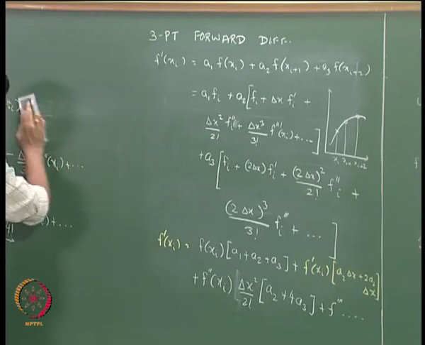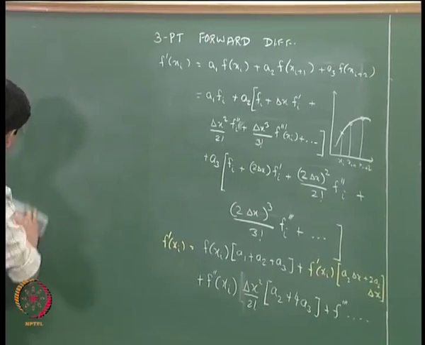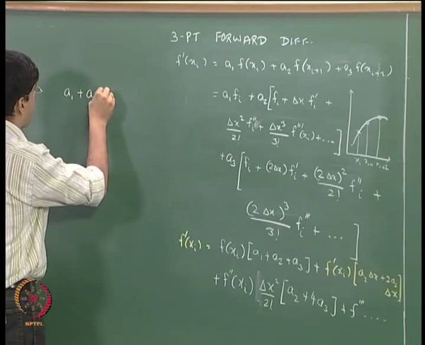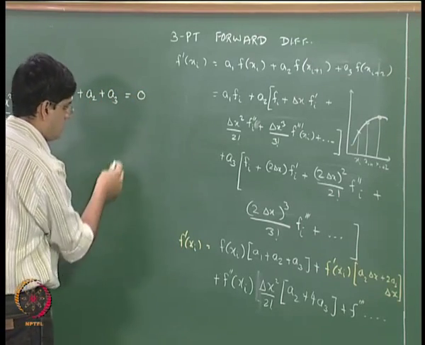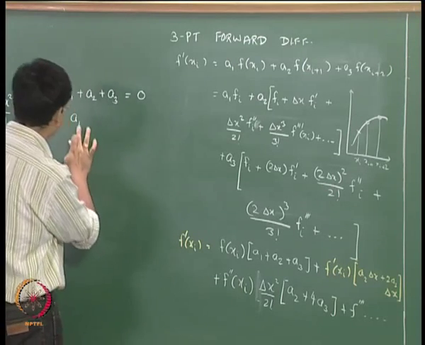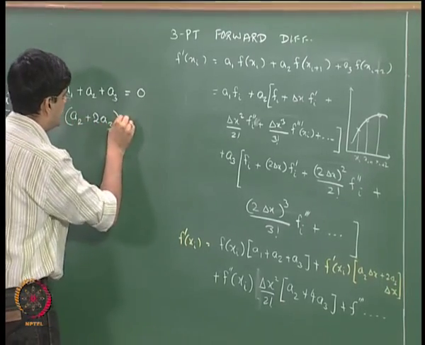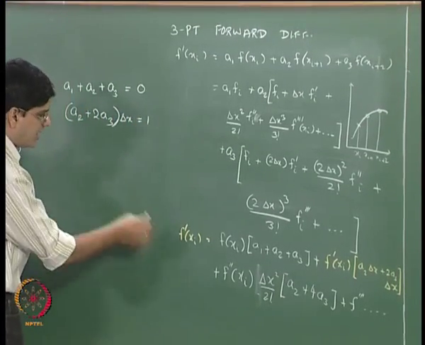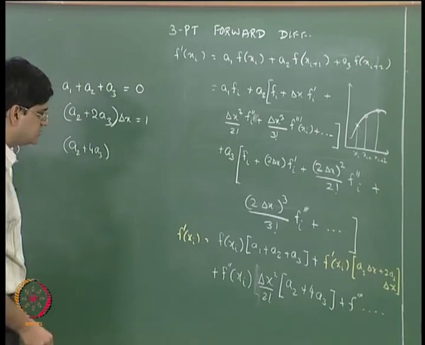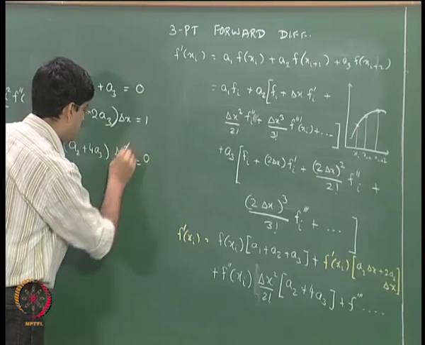So I will write down the three equations over here. A1 plus a2 plus a3 equal to 0, a2 plus 2a3 times delta x equal to 1, and a2 plus 4a3 times delta x squared by 2 factorial equal to 0.